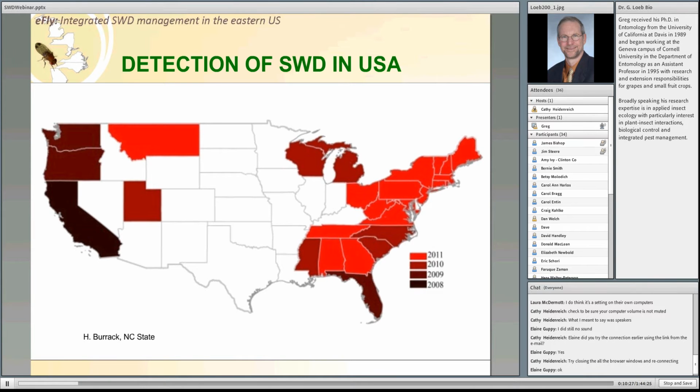It showed up in Florida fairly early, but it's never really built up to much of a population there, though it has shown up in other states in the South. Michigan got it in 2010, as did North Carolina, where a lot of the research has gone on. In 2011, it really exploded up into Pennsylvania and the Northeast, showing up across that region, sometimes at quite high numbers.